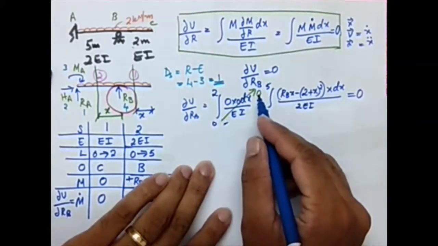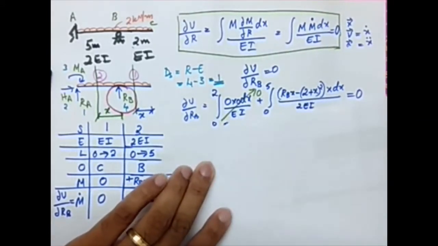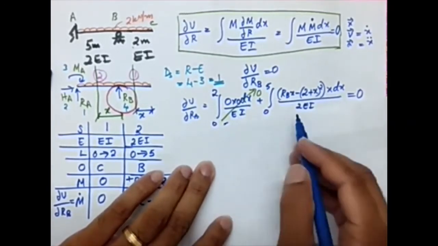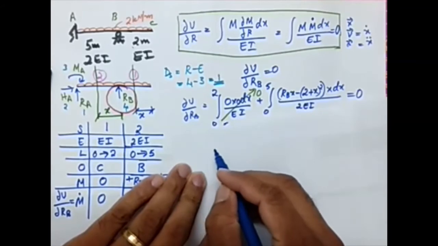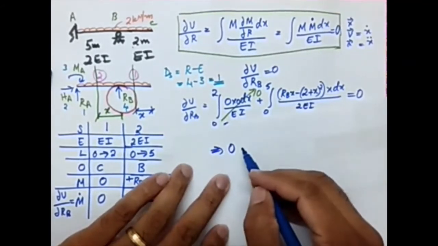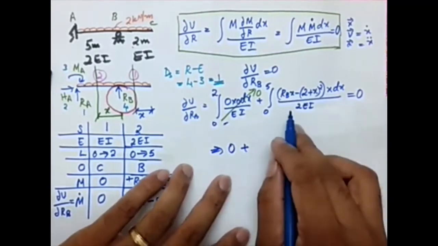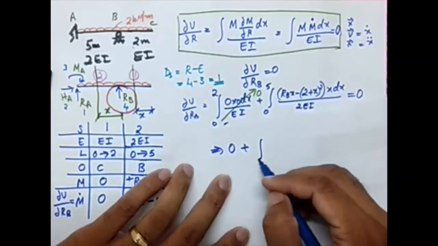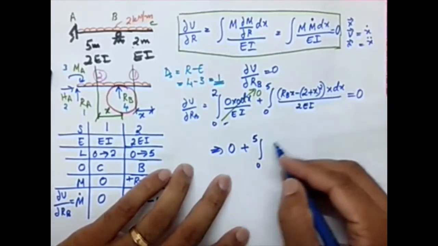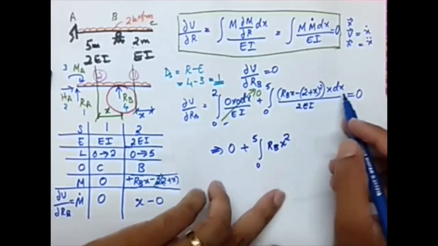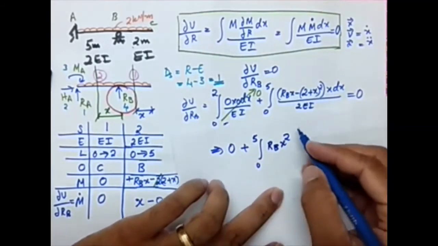So this term is 0. Now we are going to work on this. Okay, this is 0 because of the multiplication by 0. So this can be written as, the first term goes away, so 0 plus, what about this? So I'm expanding it. What I'll be getting is the integral 0 to 5 of RB x square, x into x, RB x square.